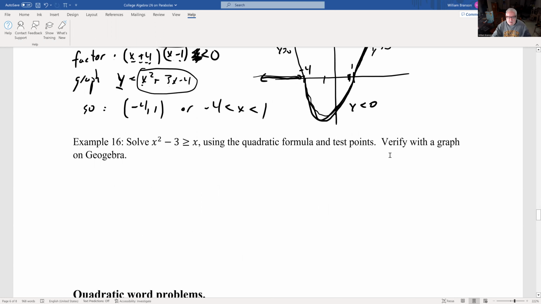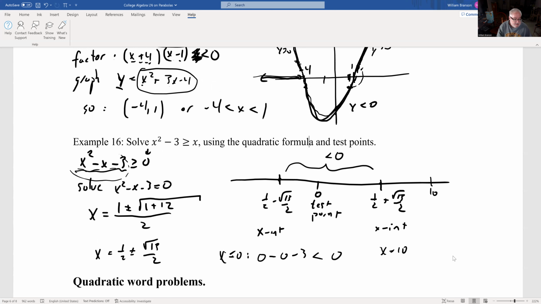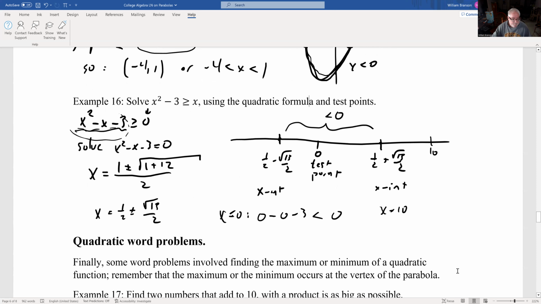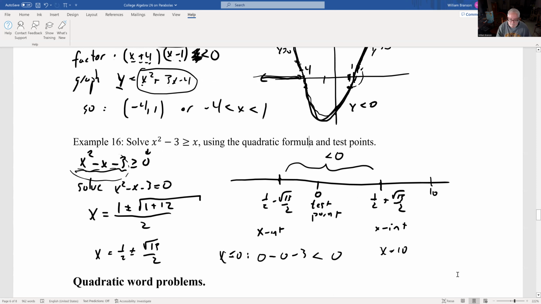If we take a number bigger than 1/2 plus square root of 13 over 2, so something like, I don't know, 10, we get 100 minus 10 minus 3, that's definitely positive.